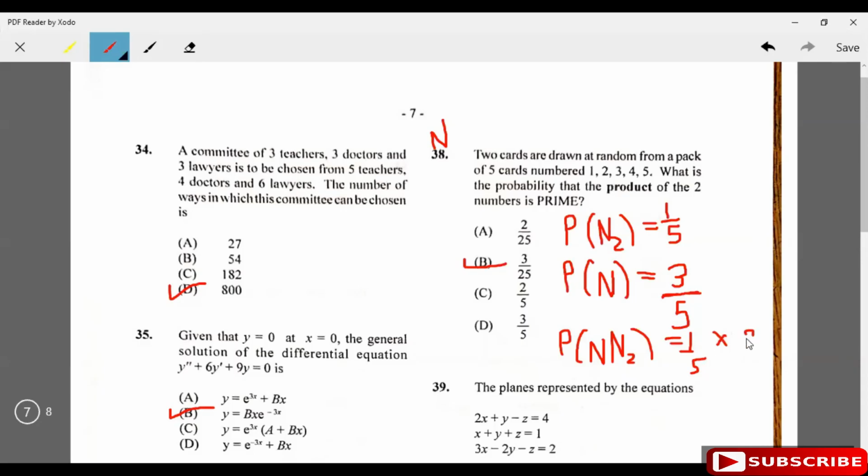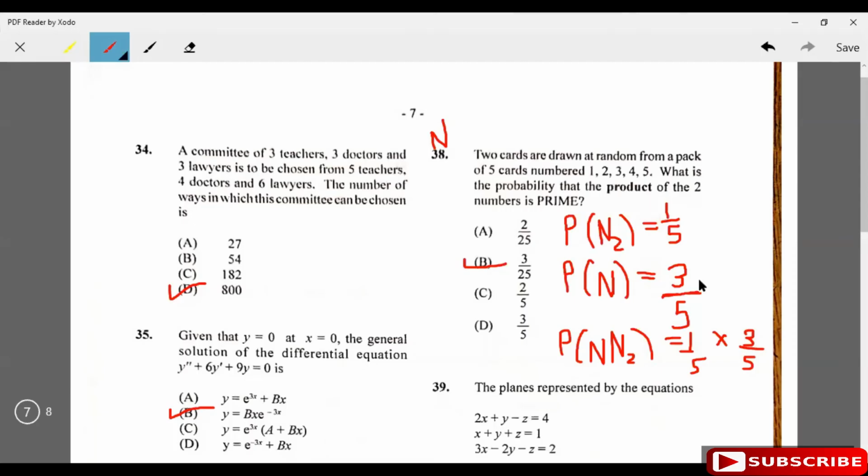This method should be more clear. Is this method more clear? Yes, sir, I think this one is more clear. What I'm saying is we have to draw some prime number, and the prime numbers there are 2, 3, and 5. So there are 3 prime numbers from the 5 of them.